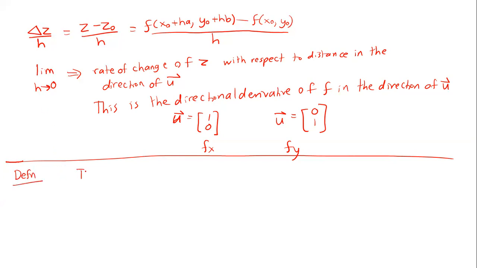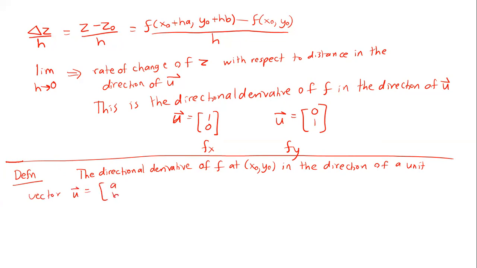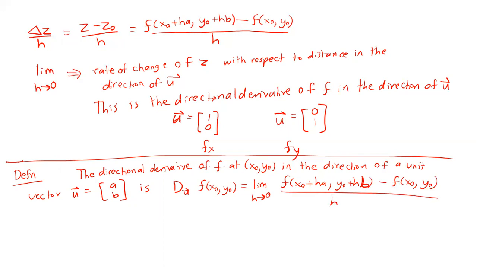The directional derivative of f at x0, y0 in the direction of a unit vector u equal to (a, b) is sometimes noted like this: D_u f of x0, y0 equals the limit as h goes to 0 of f of x0 plus ha, y0 plus hb, minus f of x0, y0, over h, if this limit exists.